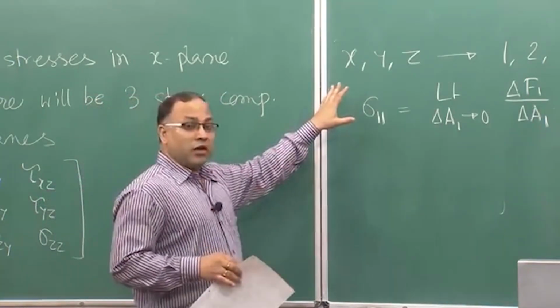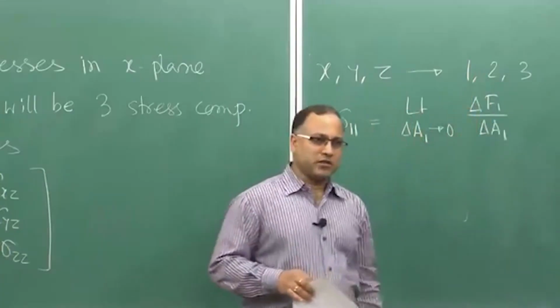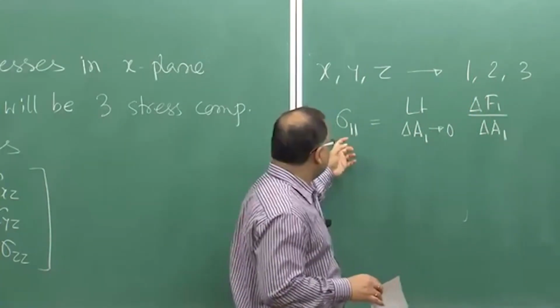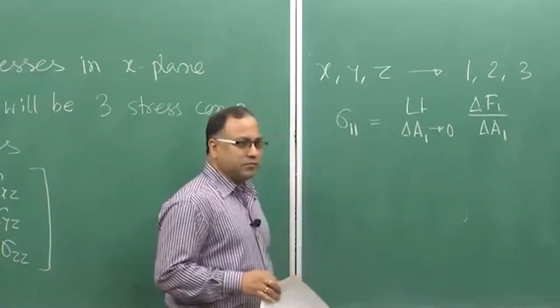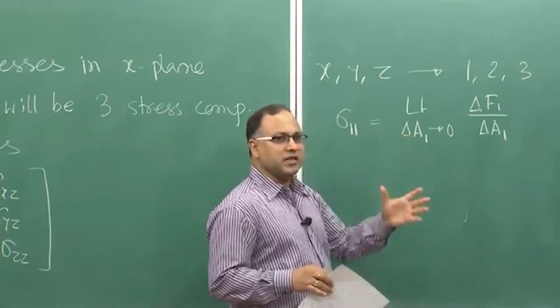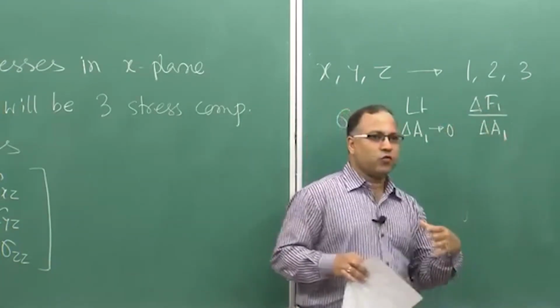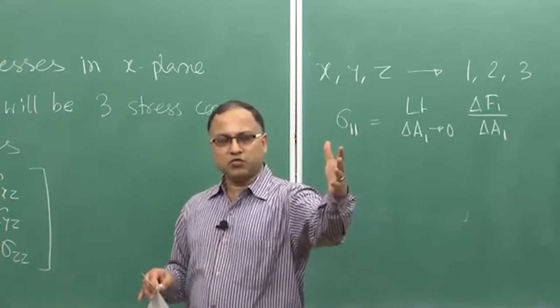Anyway, what we are doing here is just mapping the x, y, z to the 1, 2, 3 coordinate system, and then we are defining sigma 11 by this. Delta A1 is nothing but the area of plane 1, and delta F1 is the force acting towards the 1 direction.